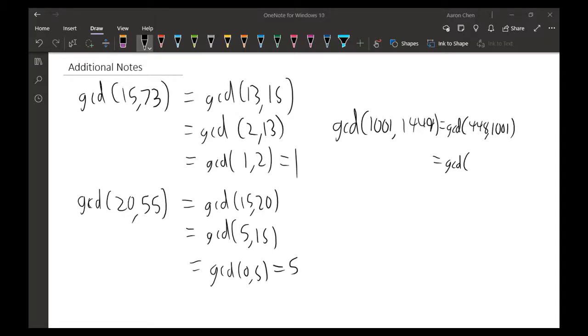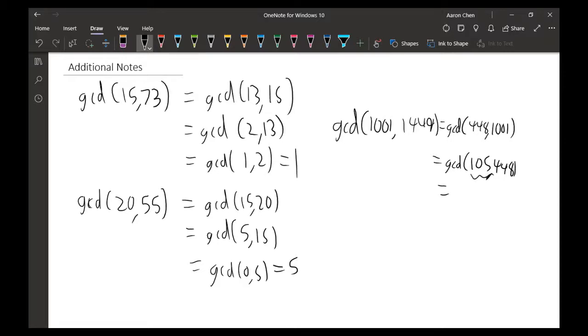And so 1001 minus 896 is exactly equal to 105. So this is GCD of 105 and 448. And if we multiply 105 by 4, we get 420.